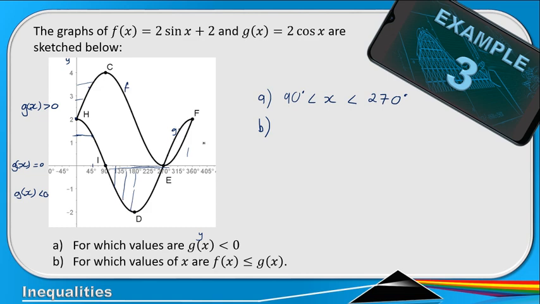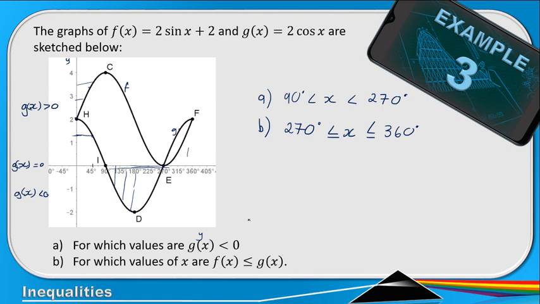And in this question it says also equal to, so at these 2 points, 270 and 360, the two graphs are equal to each other, so those 2 points will also be included. So from 270 degrees less than or equal to x, less than or equal to 360, is where f(x) is less than or equal to g(x).